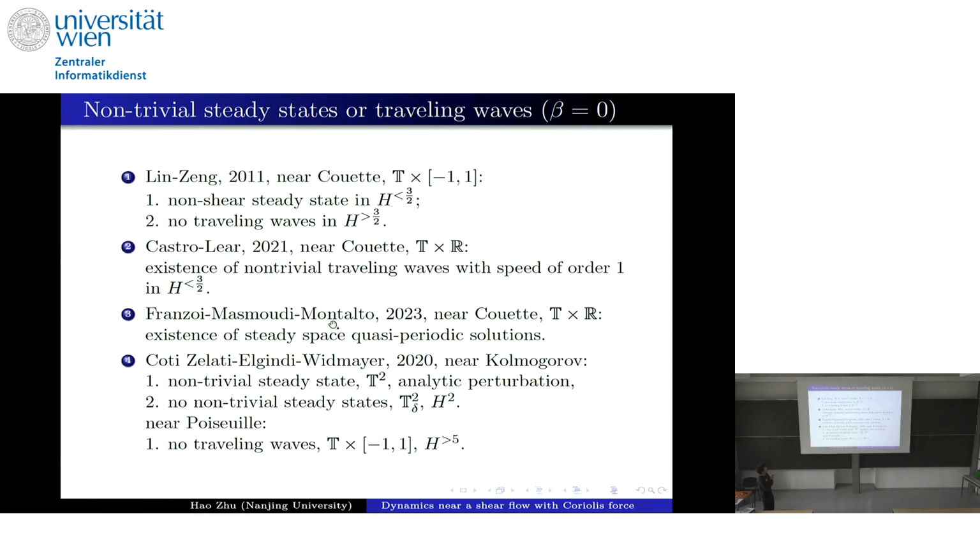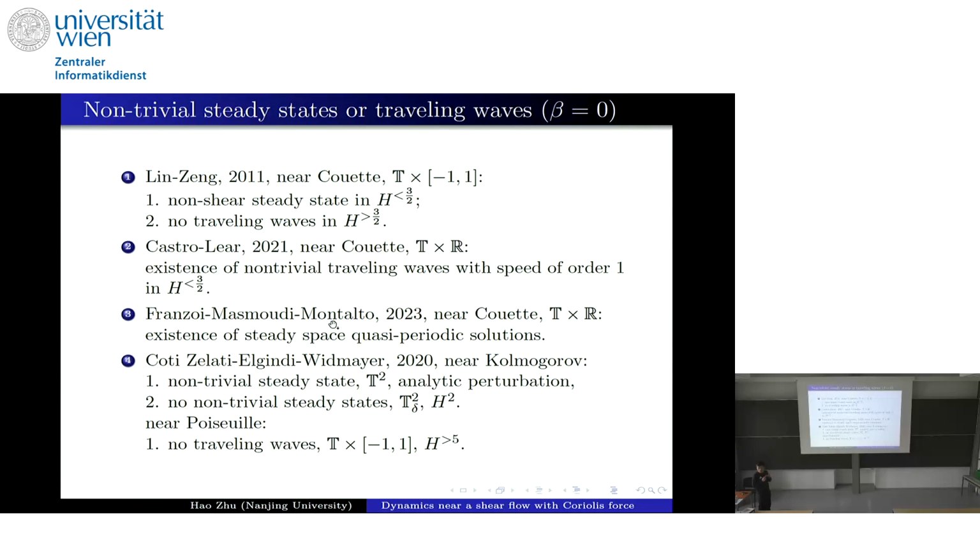For example, first we look at the result by Lin and Zeng. Near Couette flow, as I said before, the linear equation has no embedded eigenvalues, but if we take the regularity of the perturbation very low, then they find a shear flow near the Couette flow such that if we linearize the equation near the perturbed shear flow, then the linearized operator has an embedded eigenvalue.